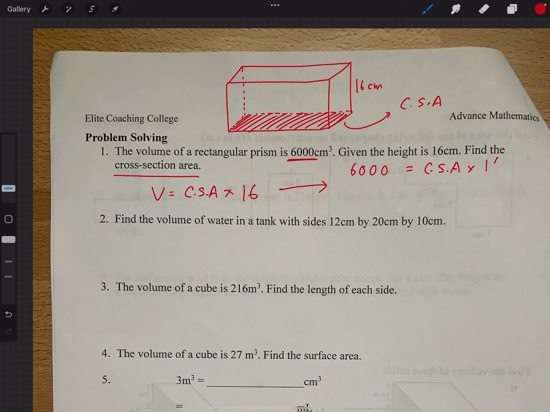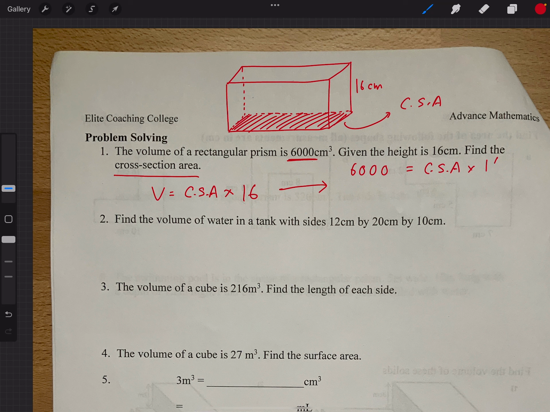So the cross-section area is equal to 375 centimeters squared. And there's your answer. You have to do a bit of division to find it out. Now the reason I did division is because look at this question here.